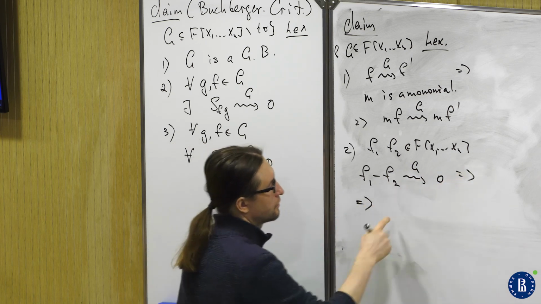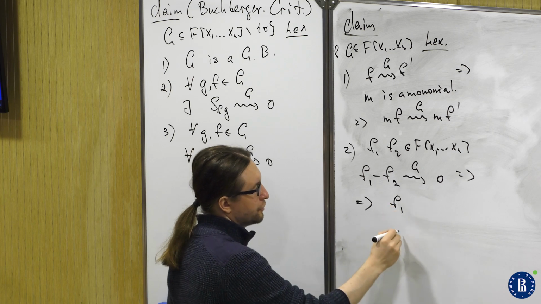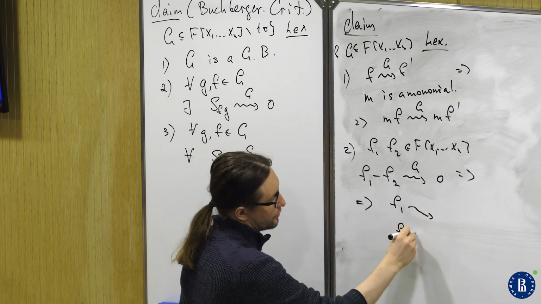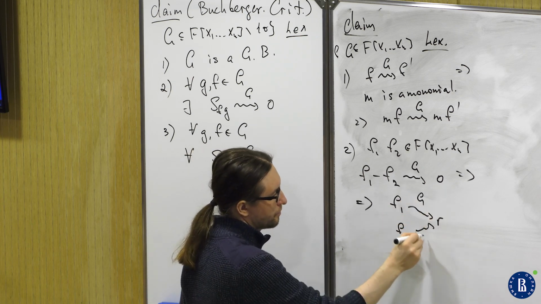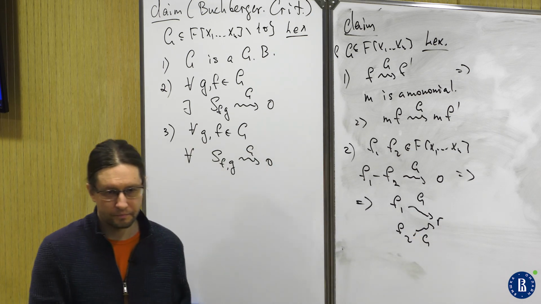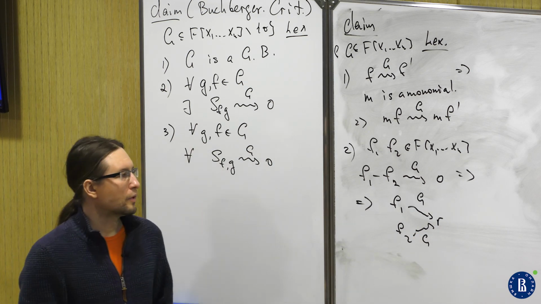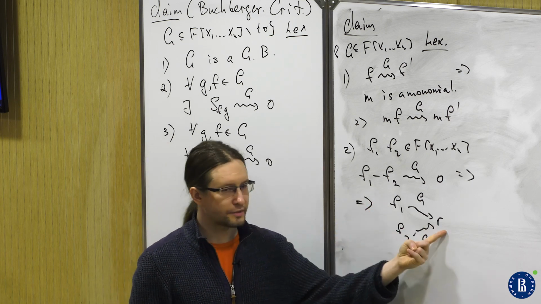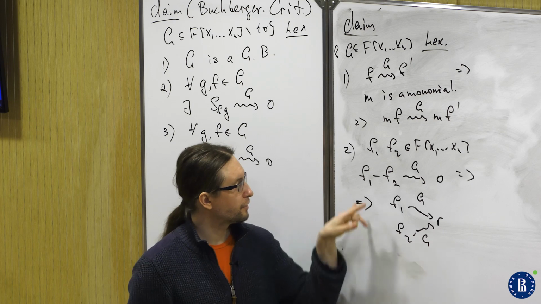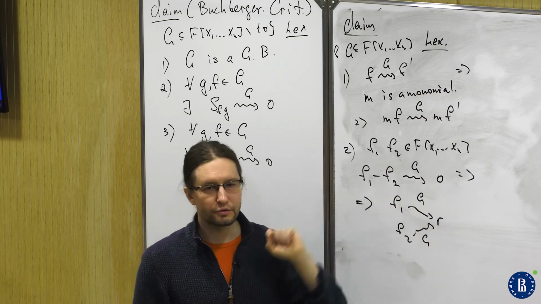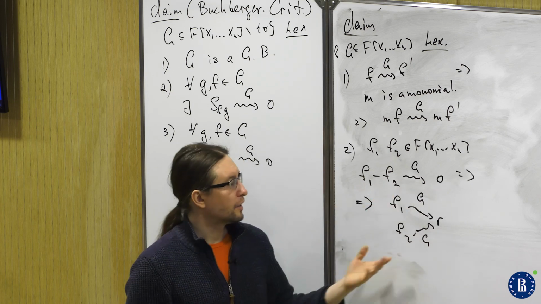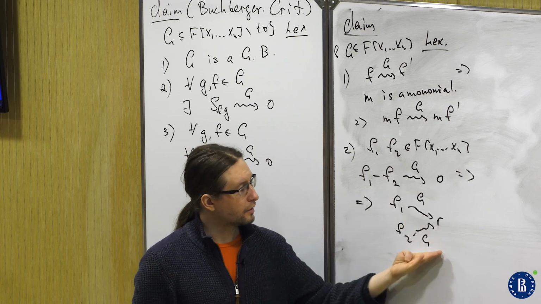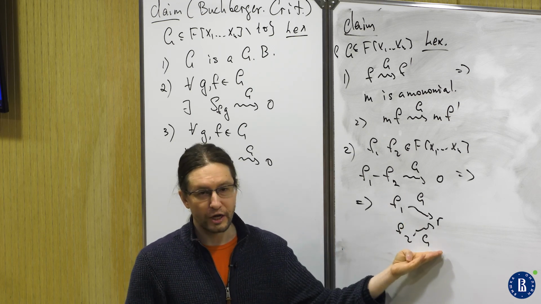Then we can reduce these two polynomials to the same one. So if you want to prove that you can reduce two polynomials to the same one, it is enough to show that their difference can be reduced to 0.